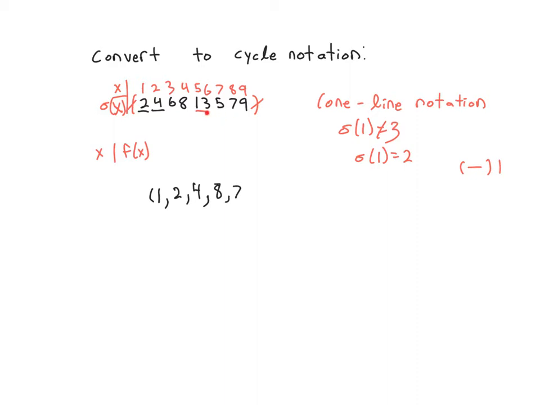What happens when x is 7? Sigma of x is 5. What happens when x is 5? Sigma of x is 1. And there we finally get back to one of our cycles. So this closes off a cycle.